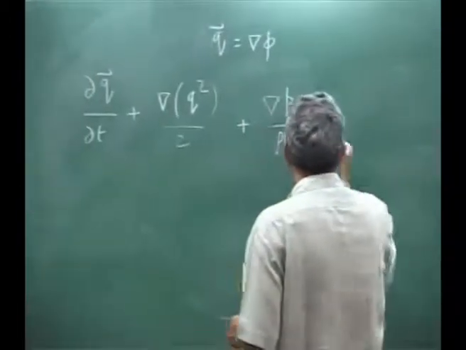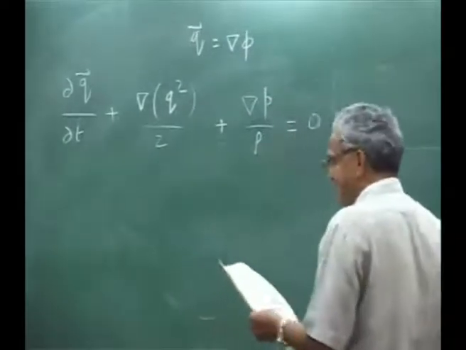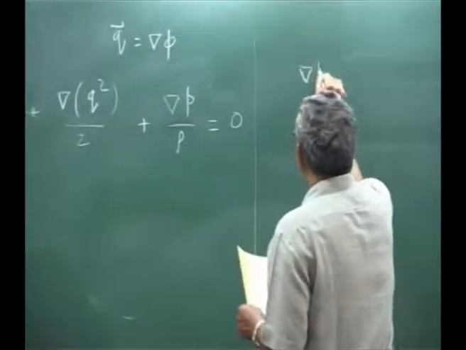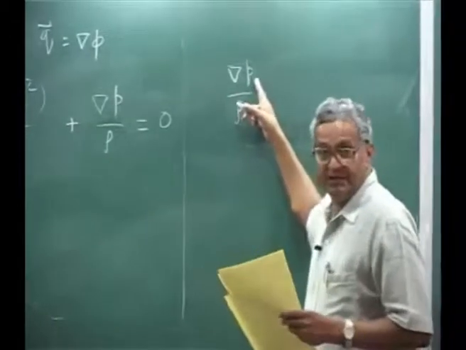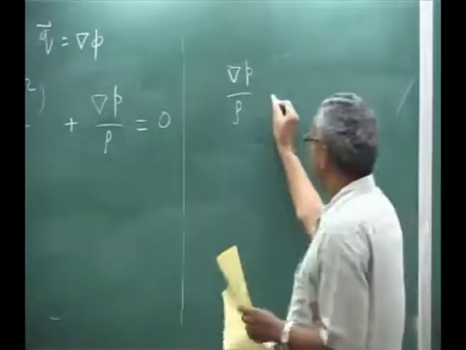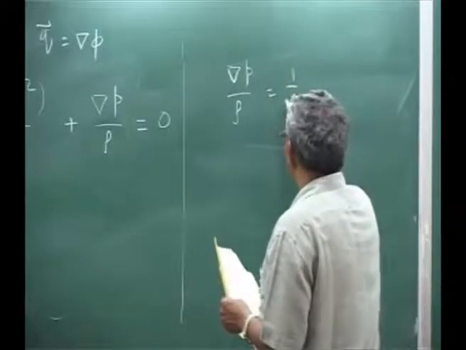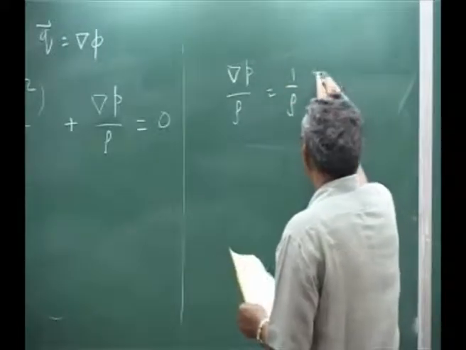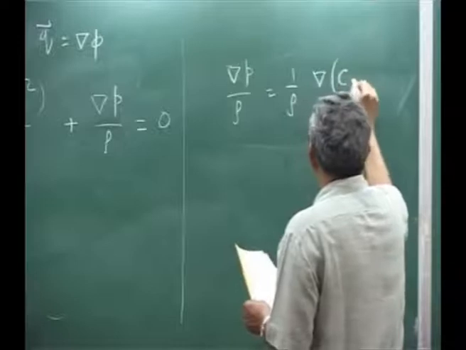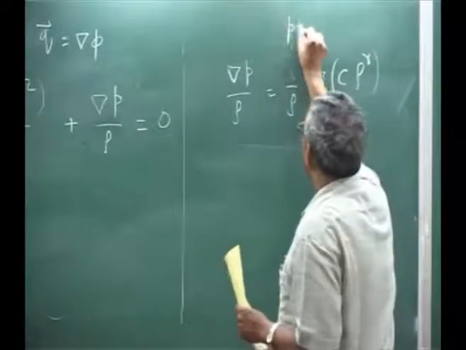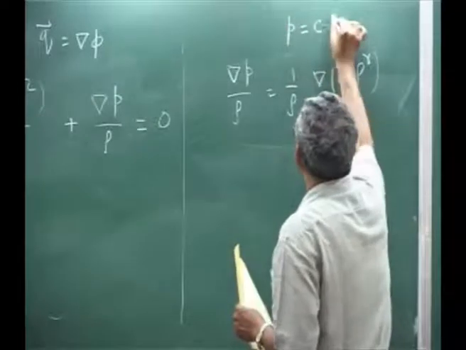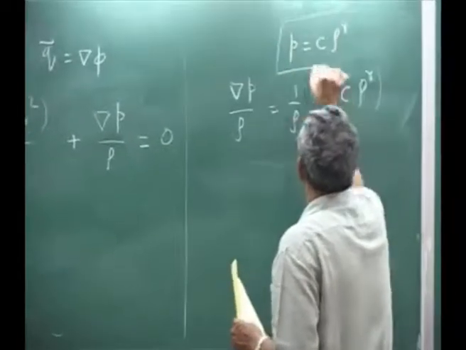Now this particular term, we will write it as delta p over rho. You know that p is a function of only density. This is nothing but 1 over rho del p. You can write it as del of C rho power gamma, because we said that pressure is some constant times rho power gamma.